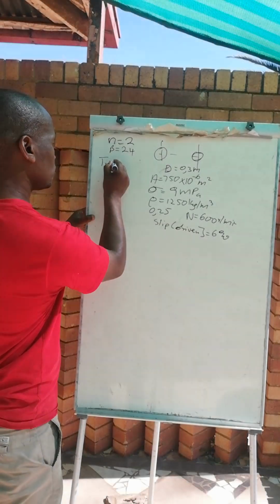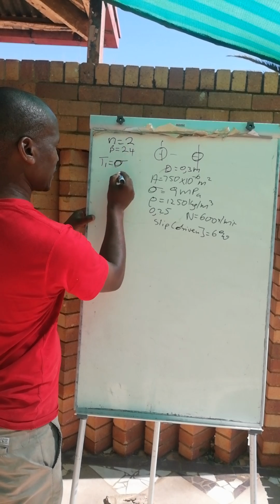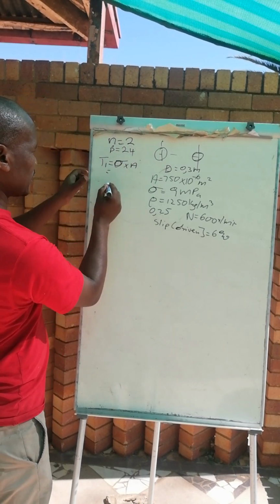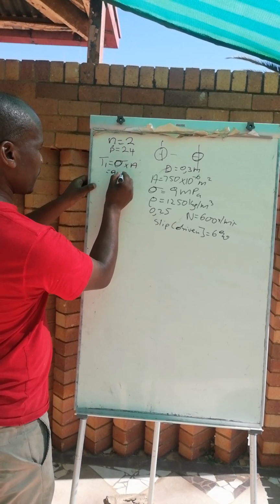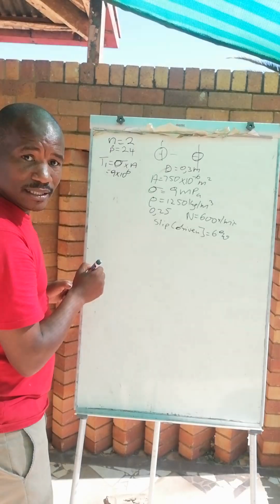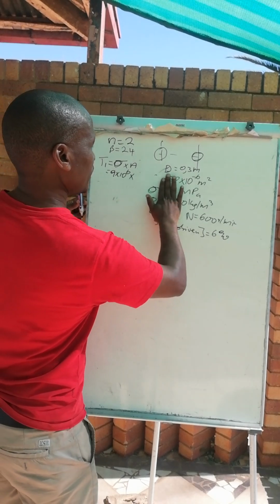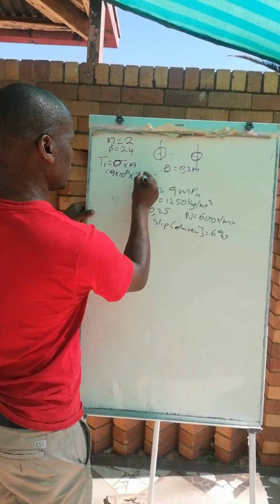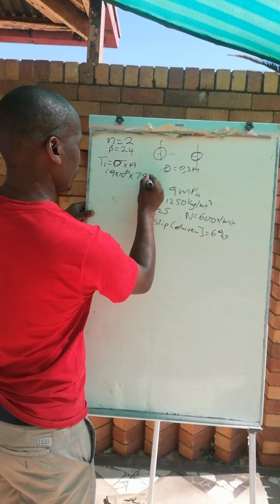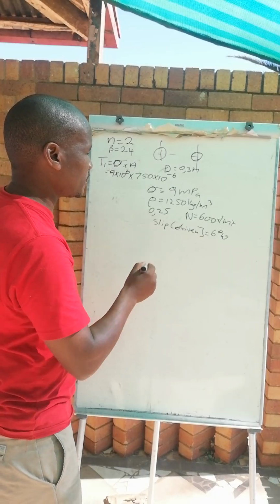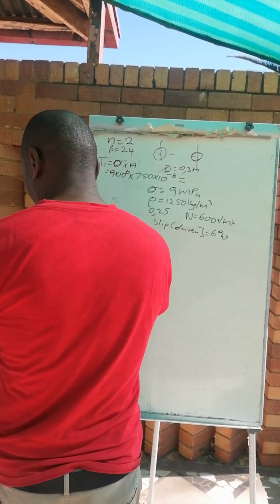The maximum tension is equal to the stress multiplied by the area: 9 multiplied by 10 to the power 6, multiplied by 750 multiplied by 10 to the power minus 6 meters squared.